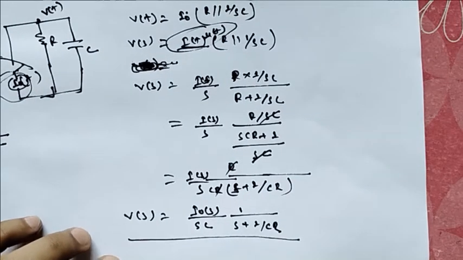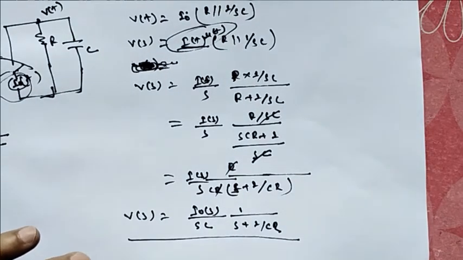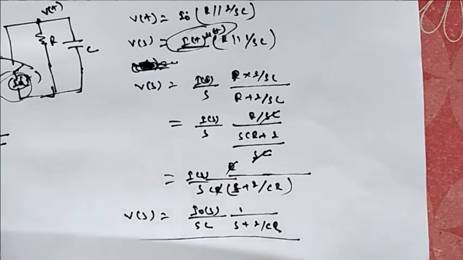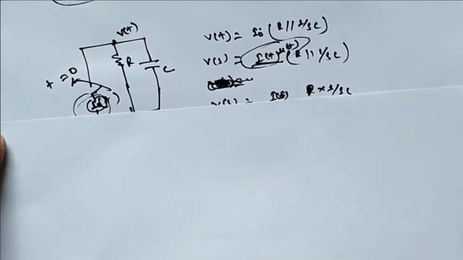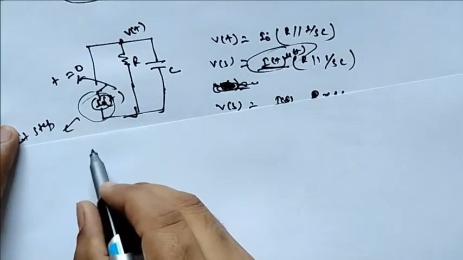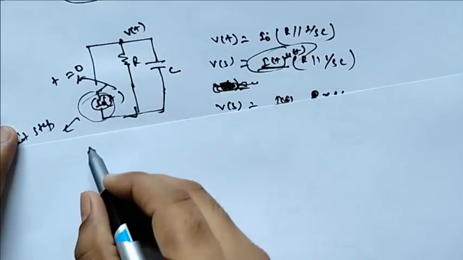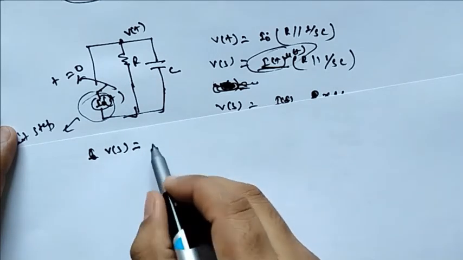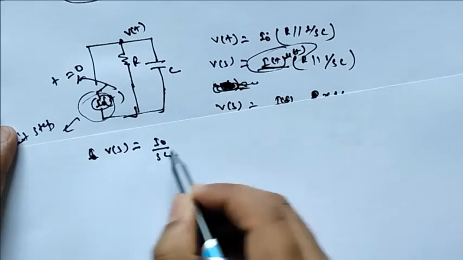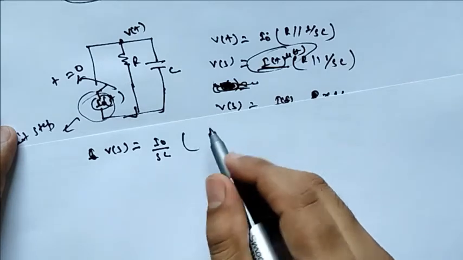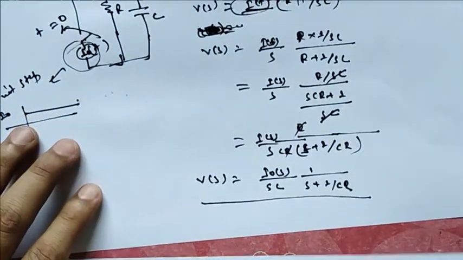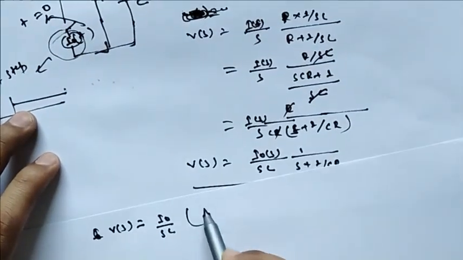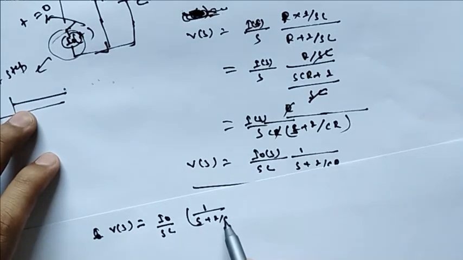Now for solving this, we need to take the partial fraction. I am writing the same equation here and keeping the circuit here. V of S is equal to I naught by Sc into 1 by S plus 1 by CR.